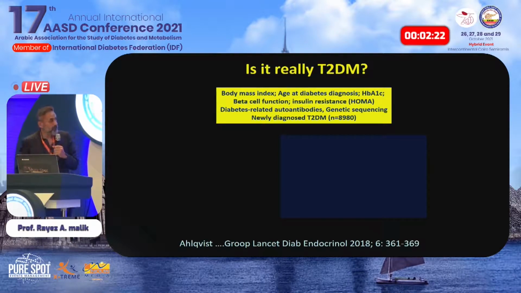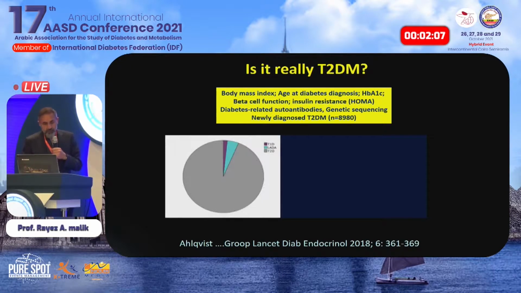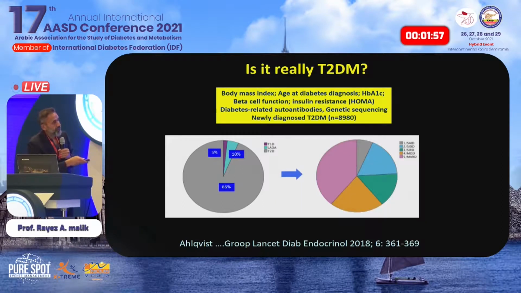And what they showed is that, based on body mass index, age at diabetes diagnosis, HbA1c, beta cell function, insulin resistance, the presence of autoantibodies, and genetic sequencing, they could differentiate patients not just into type 1, type 2, or LADA, but actually into 5 different variants.